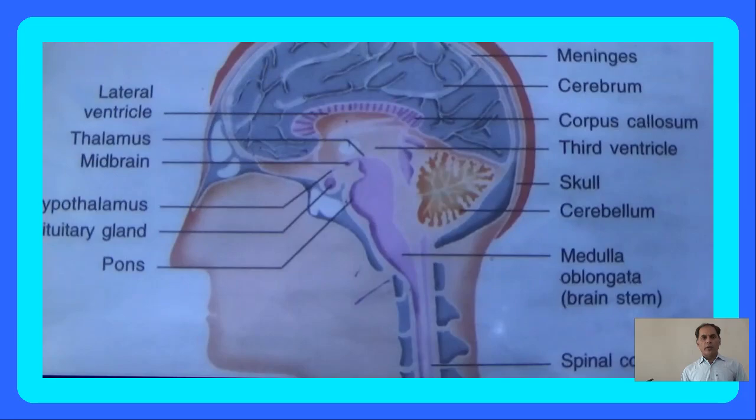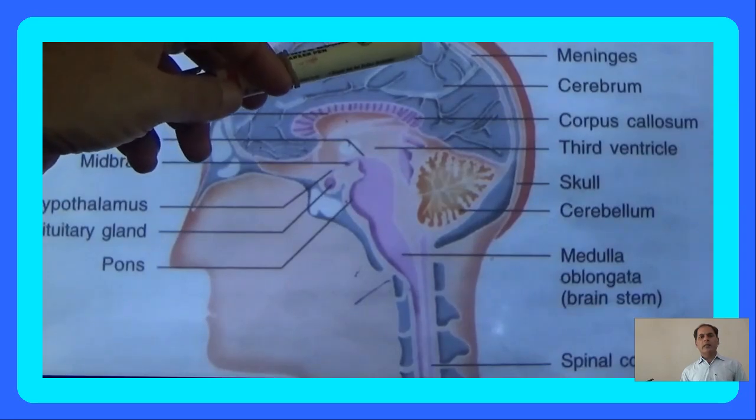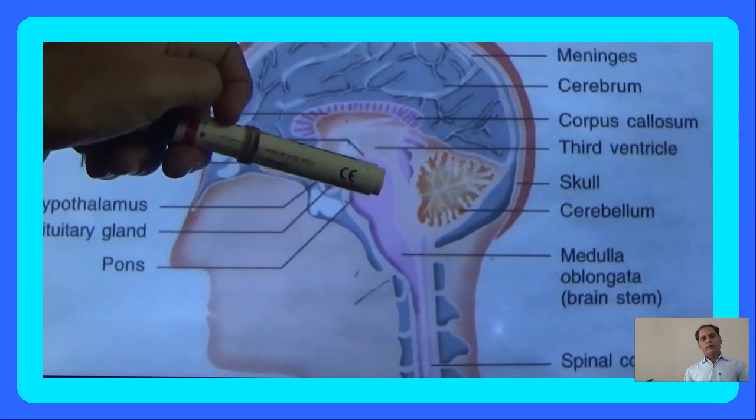And one more matter is present, that is called white matter. This white matter is present in the inner side of the brain. The grey matter remains in the cortex region and has the cell bodies of the neurons.